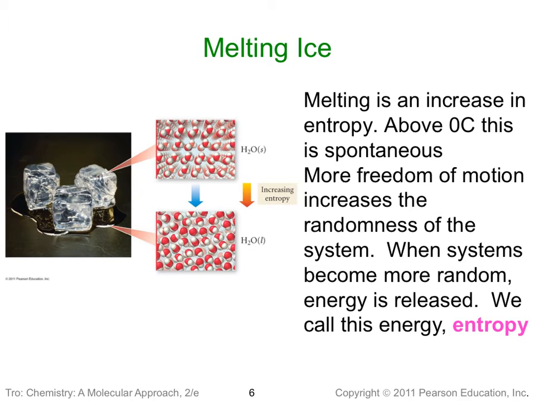So there's more freedom of motion from the ice where it's fixed to a more random liquid water. They're closer together, right? But they're not as fixed. So when systems become more random, energy is released, and that energy is in the form of entropy.